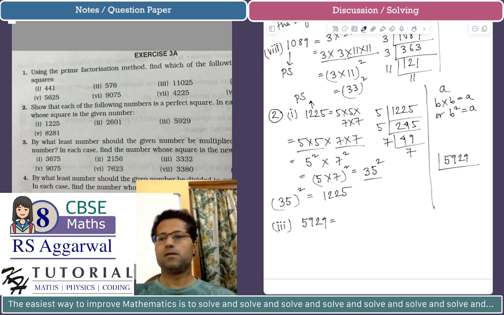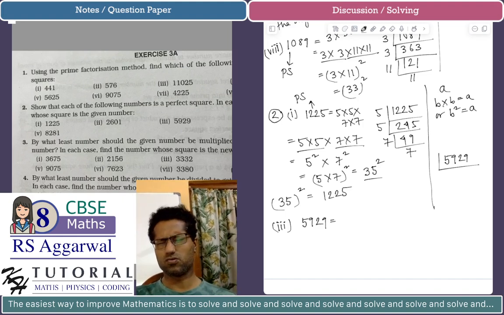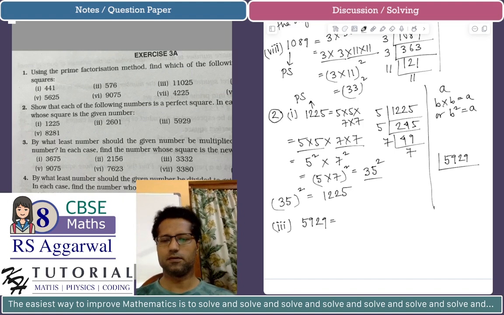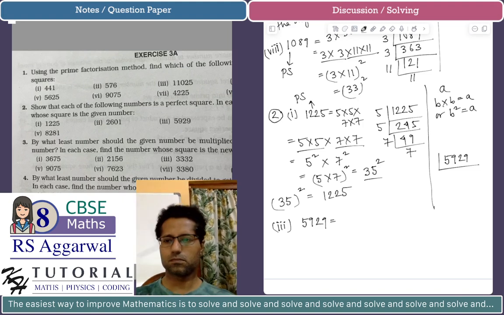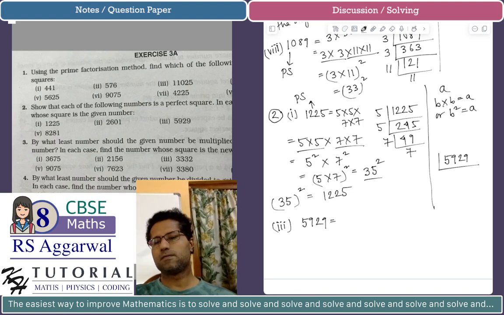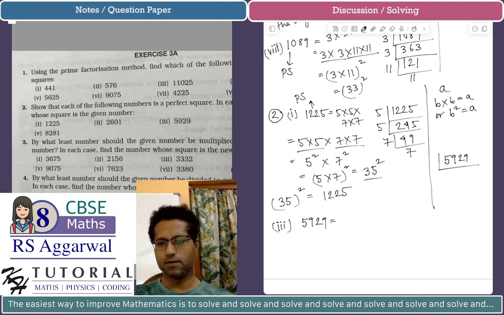Now how do we actually find a square root of a number? There is a method. Okay, I think it's dividing by 11.